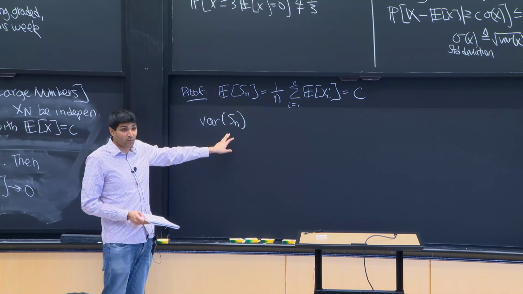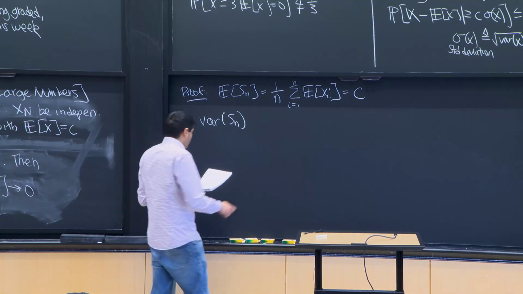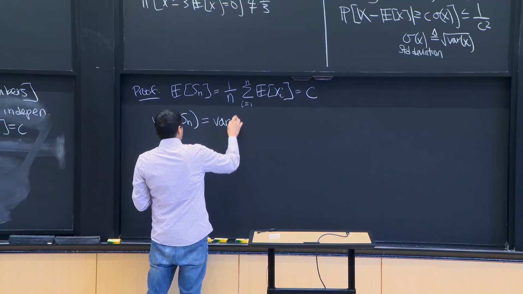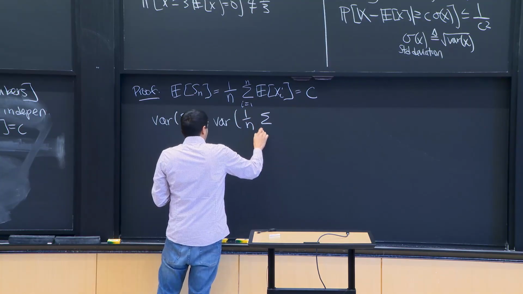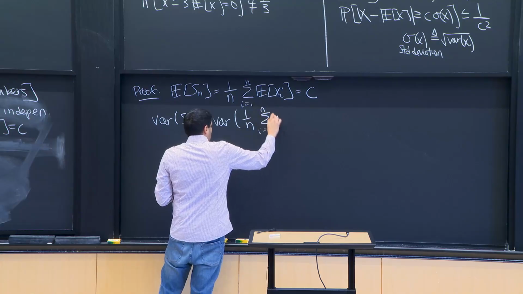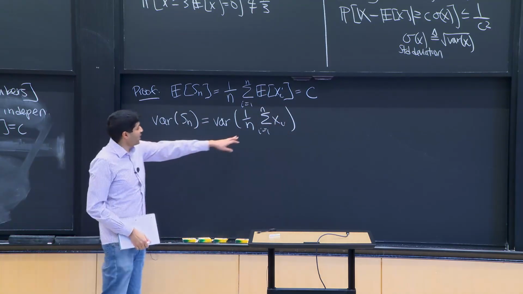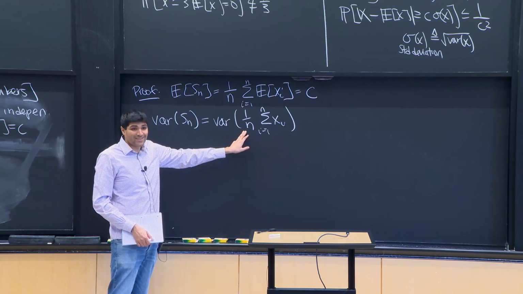The main action for the weak law of large numbers is just computing what this variance of Sn is. So I can do the same thing as before. I can replace Sn with what it is defined as in terms of the xi's. And now what happens when I scale a random variable by some scalar c, in this case 1 over n? Well, the variance is going to scale by c squared, right?